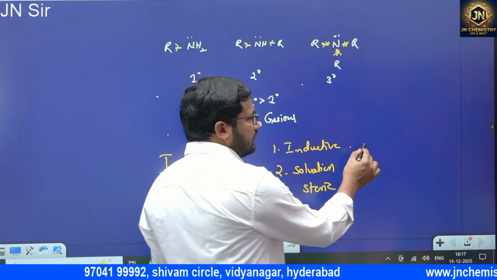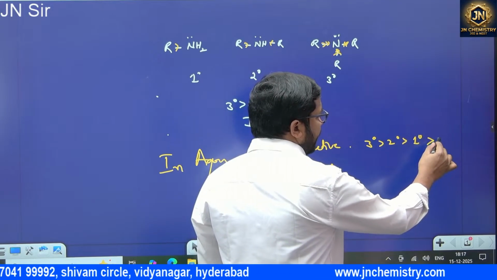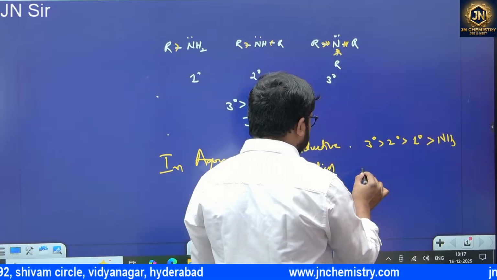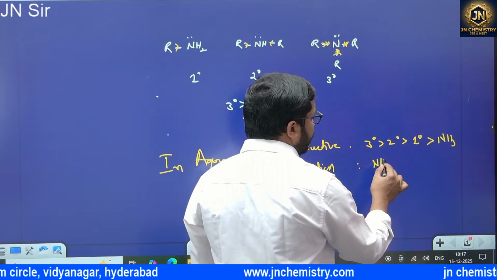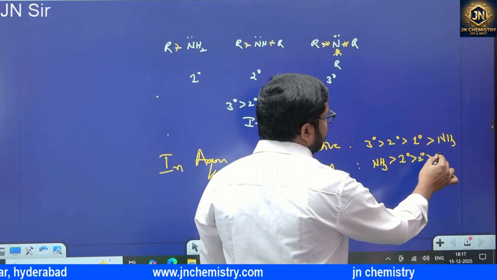According to the inductive effect, the order is 3 degree, 2 degree, 1 degree and ammonia. Whereas for the solvation effect, it is the opposite: ammonia, 1 degree, 2 degree and 3 degree.